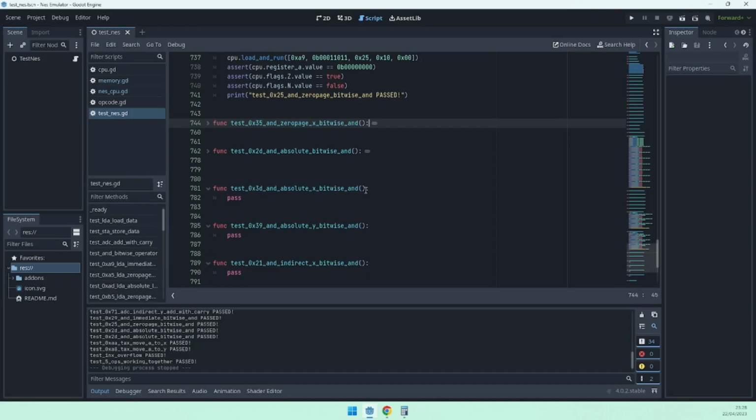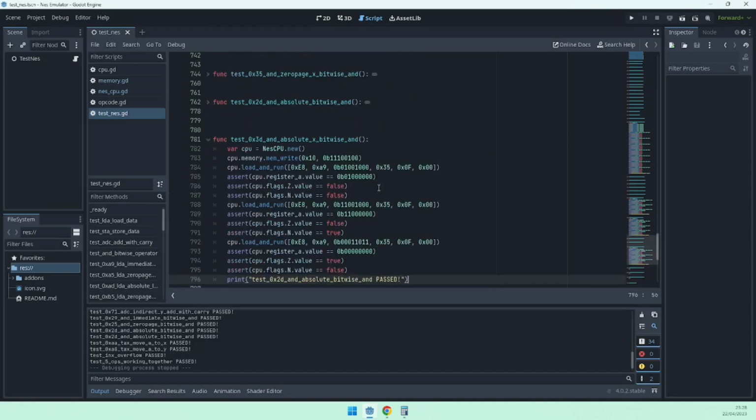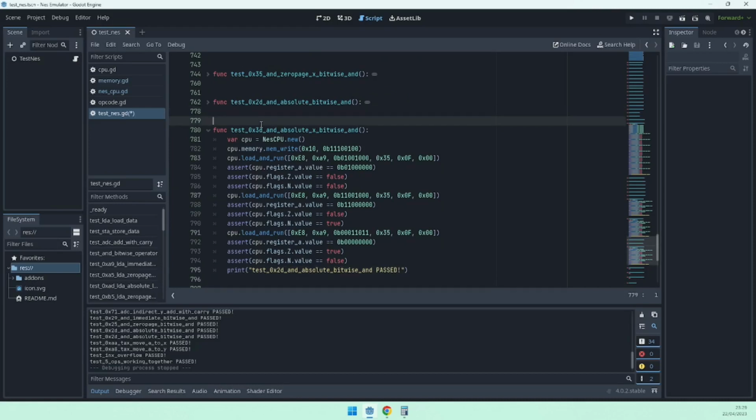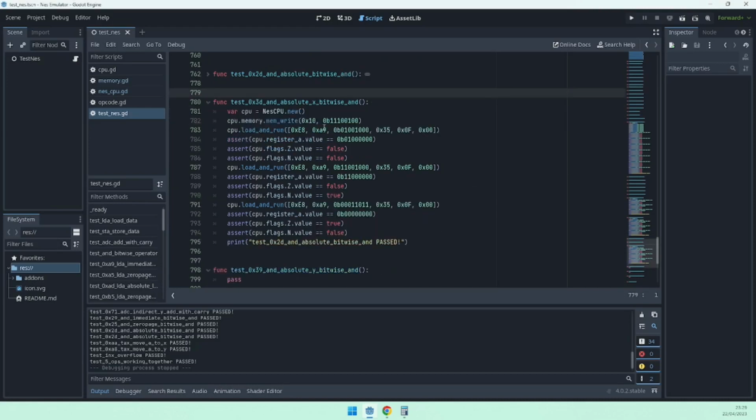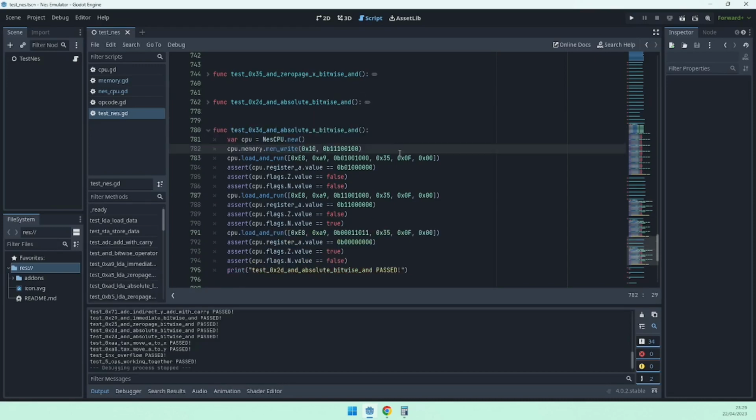Okay, no zero page Y, so we go to absolute X now. This is very similar except 2 bytes memory. So we can look at 1040 in example, or 1041 actually, because we are going to increase one.